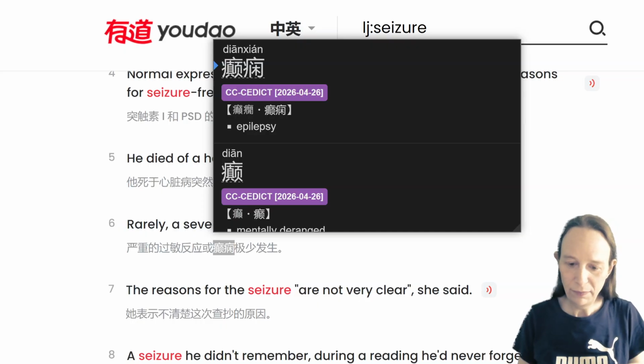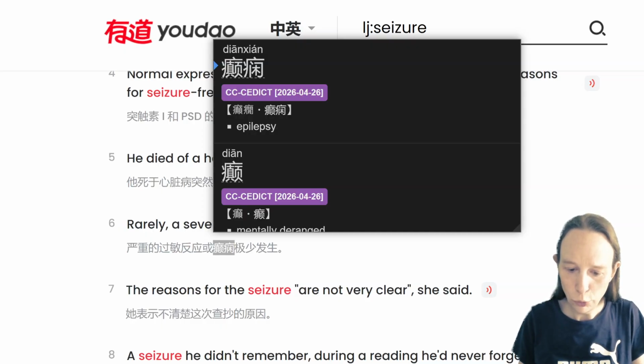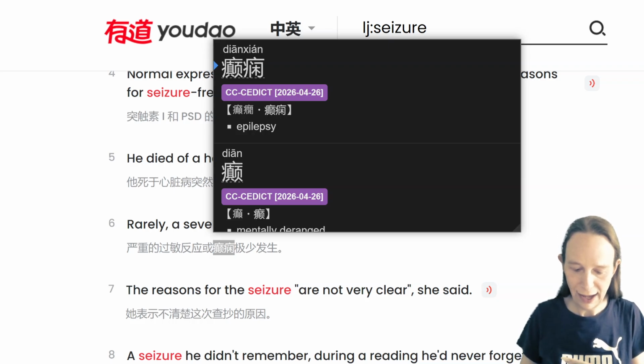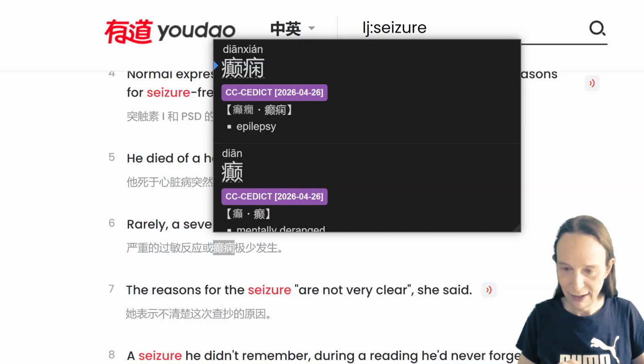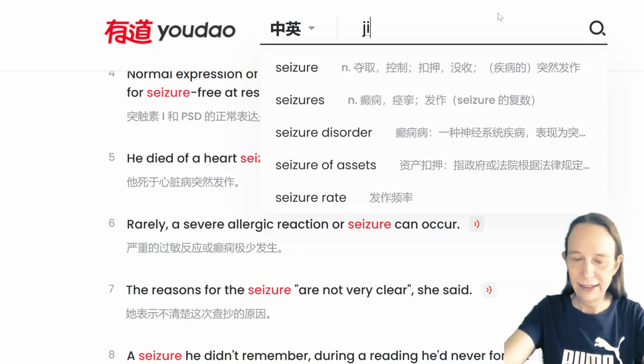Yeah, 癫痫, epilepsy. 一种反复发作的脑部疾病，发作时突然昏倒、手足痉挛, spasm. I think it's called 痉挛.